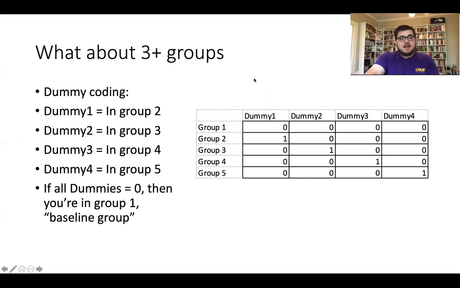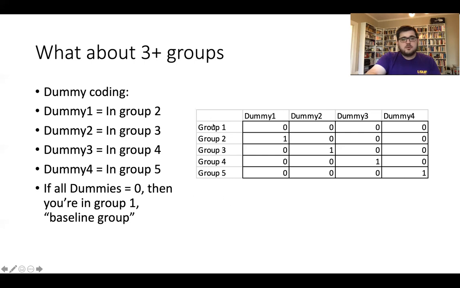You can keep adding as many groups as you want. I just had 2 groups by adding one dummy code, and the dummy code said it's going to equal 0 if you're in the baseline group, the control group, and it's going to equal 1 if you're in the experimental group. And you can keep adding more dummy codes to have as many groups as you want. You just need dummy codes equal to the number of groups minus 1, because the baseline group is always all zeros for the dummy codes.